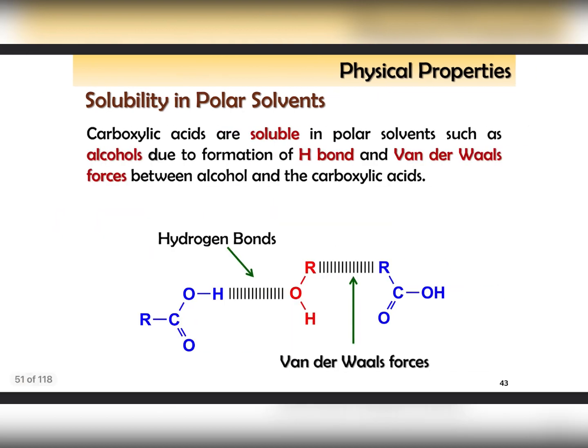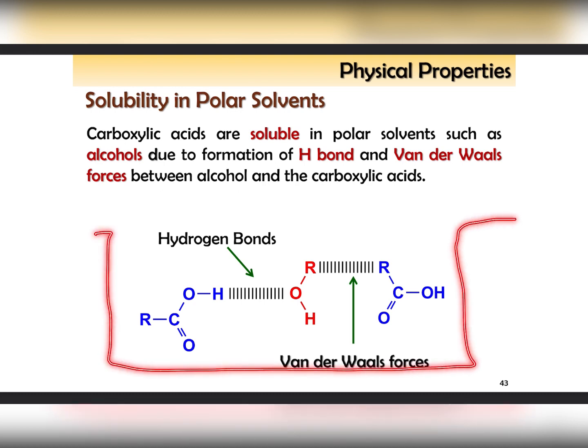Kita tengok pula solubility in polar solvent, contoh alcohol. So, kalau dalam let's say you have carboxylic acid, dalam tu ada juga alcohol. So, imagine ini adalah kamu punya beaker, you have carboxylic acid and also alcohol.